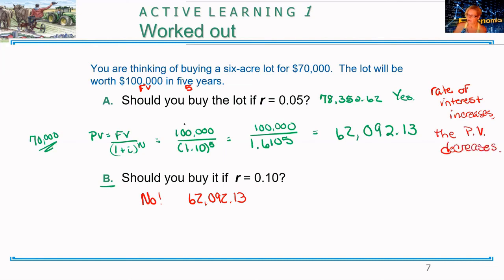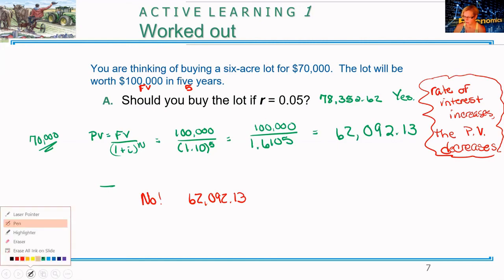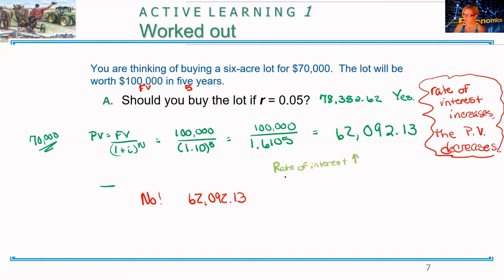And that kind of makes sense because that's the opportunity cost, right? So the opportunity cost here is what else could you do at 10%, okay? So this is an important idea here. And because the present value and future value are reciprocals of each other, we can also state with clarity that as the rate of interest increases, and we would be calculating future value here, the future value increases.